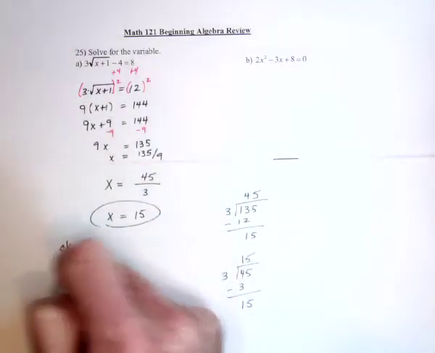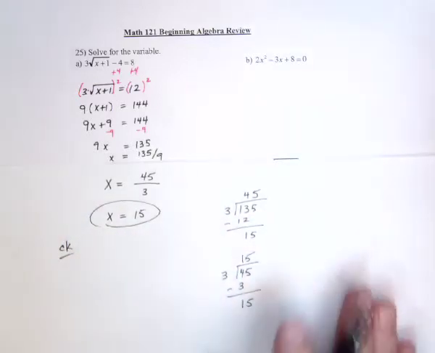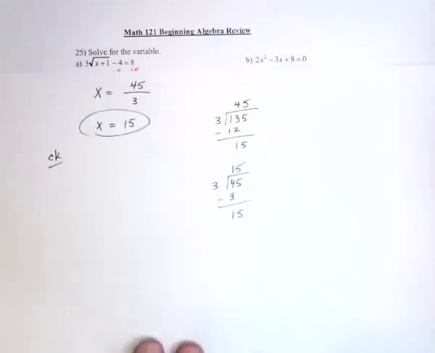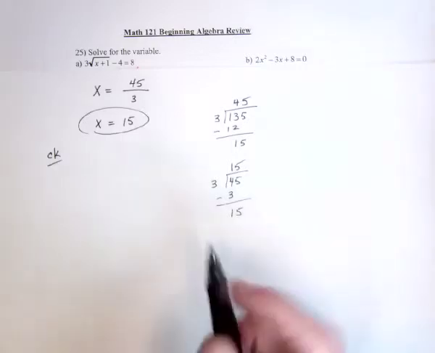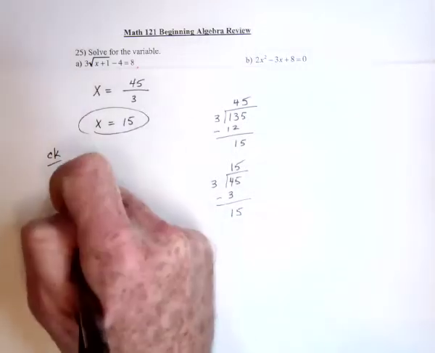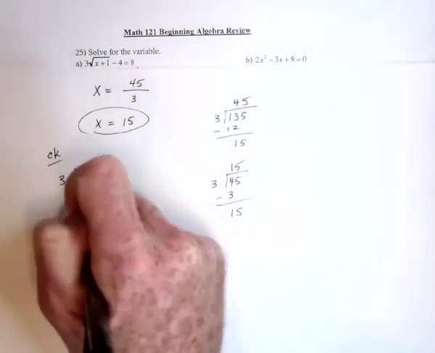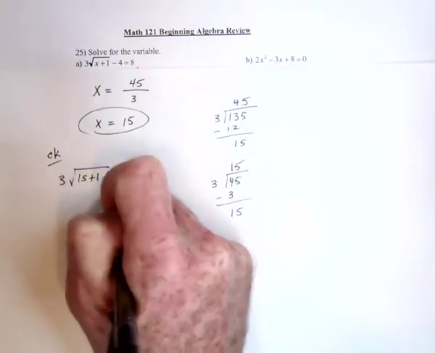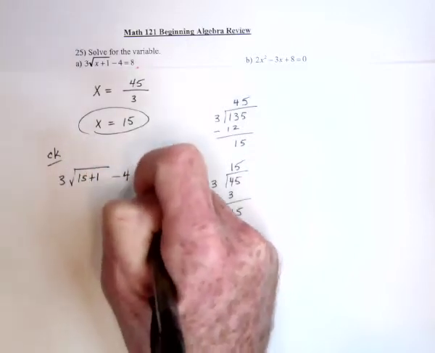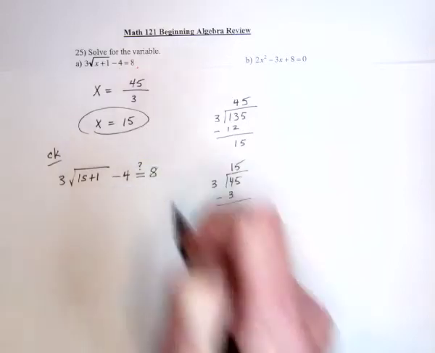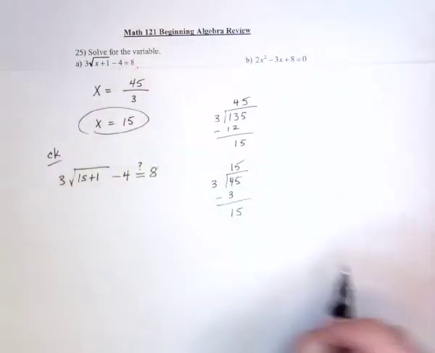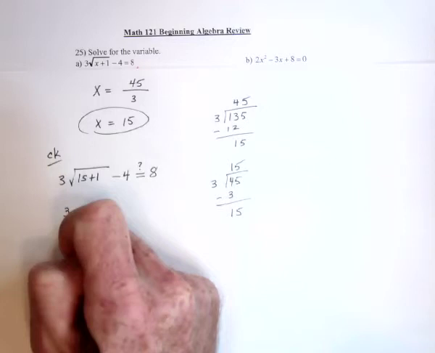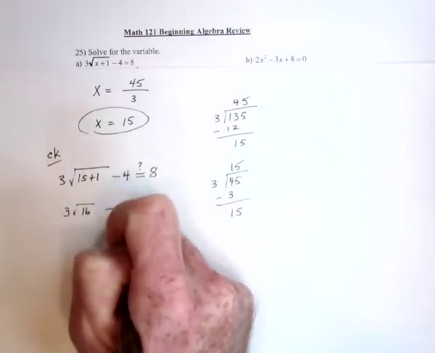So a quick check is going to be take the 15, substitute it in. It's going to look like 3 times the square root of 15 plus 1. Subtract that from 4, and then does it equal 8? So simplifying this, it's going to be 3 times the square root of 16 minus 4.